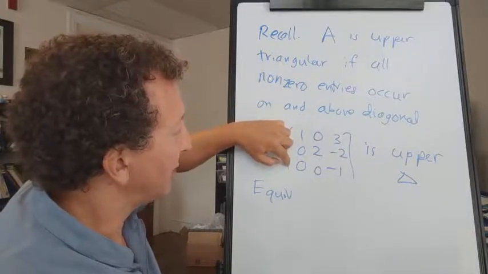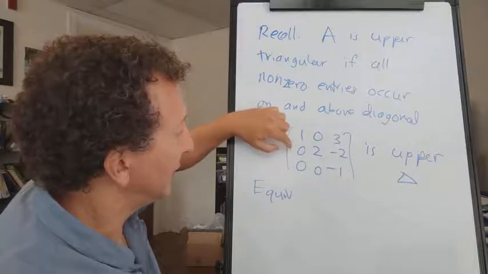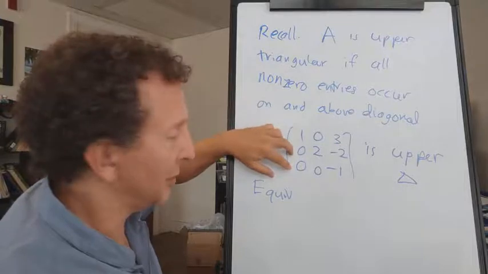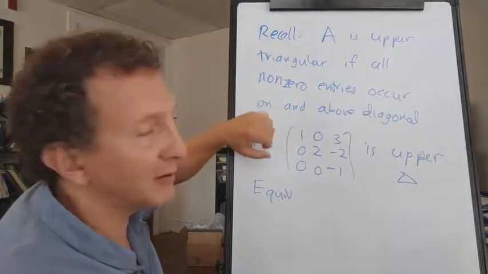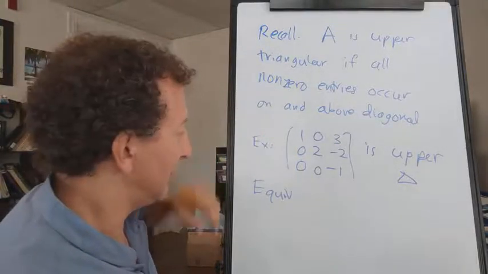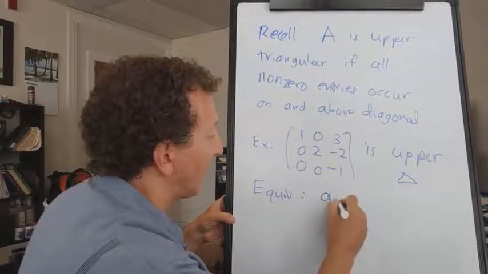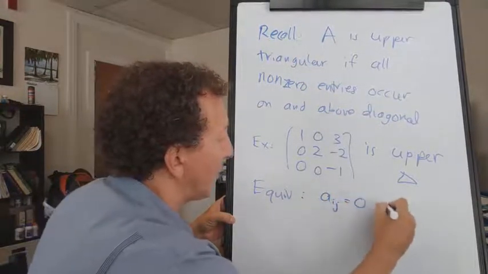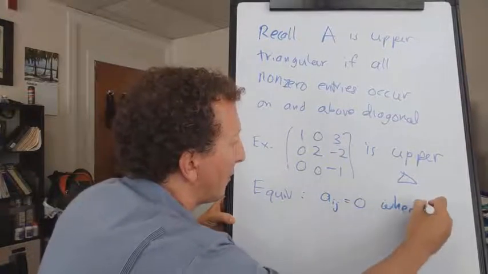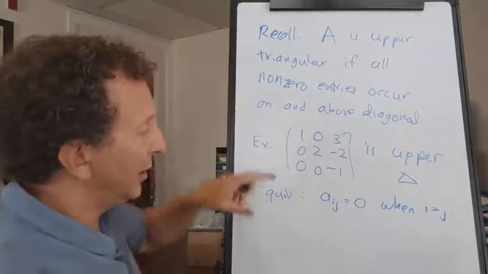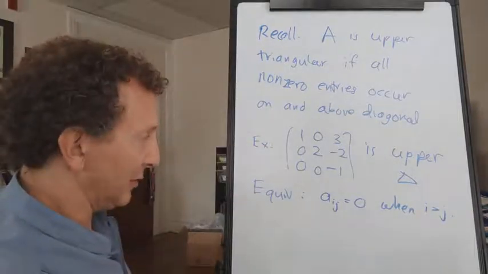In the 3,1 position, we have a 0. So if the first index is greater than the second index, we must have 0. If the second index is greater, we might have 0. So when i is greater than j, we certainly have an entry that is 0.